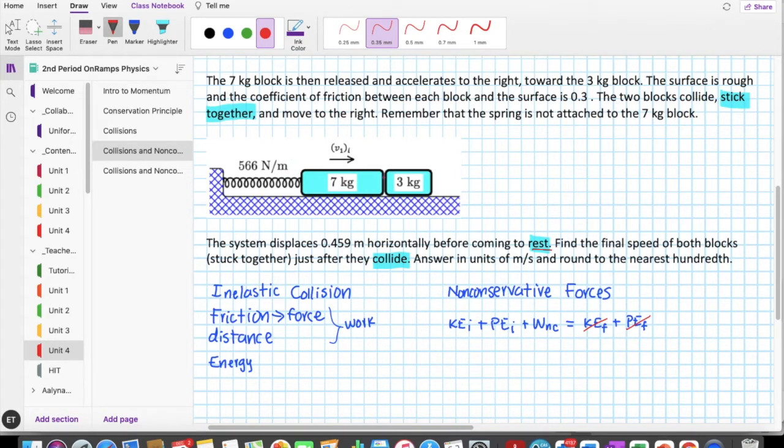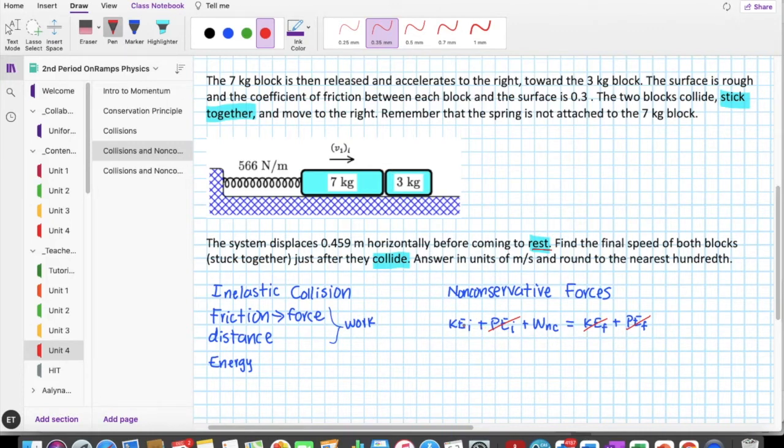We care about what happens after the collision, okay? So this could have been someone pushing it, anything else. It could have been anything, but in this case, we're not concerned about it. We know it's already moving. So in this case, we're not going to consider the potential energy. Just the kinetic energy, again, this is after the collision, right? That's when we're talking, after the collision.